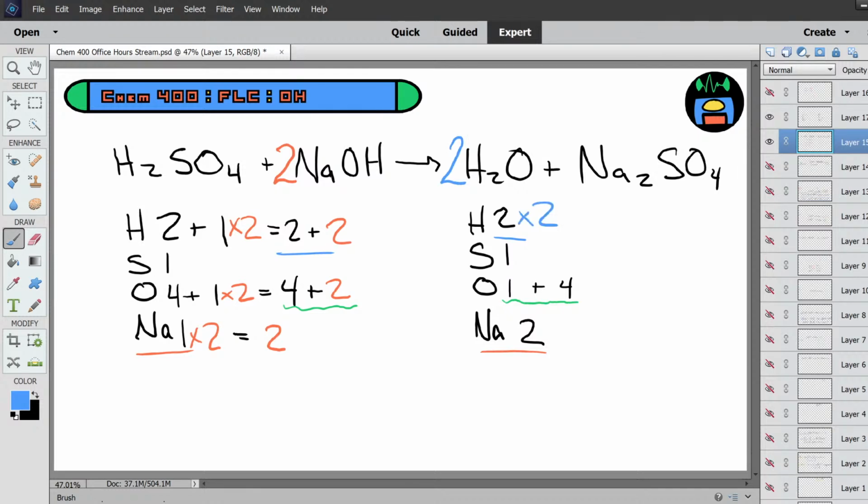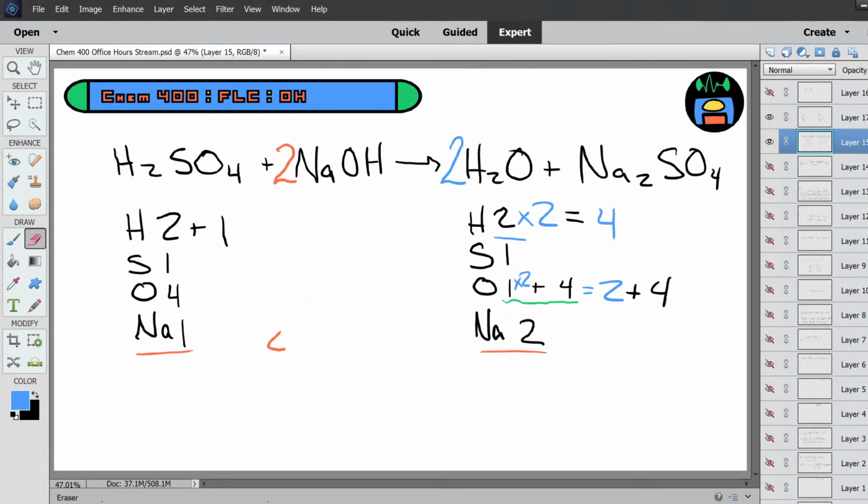This doubles my hydrogen and changes my oxygen count. Now I have 2 plus 4 oxygen atoms, and I have 4 hydrogen atoms. And that actually balances everything in one fell swoop. So this is my balanced chemical equation.